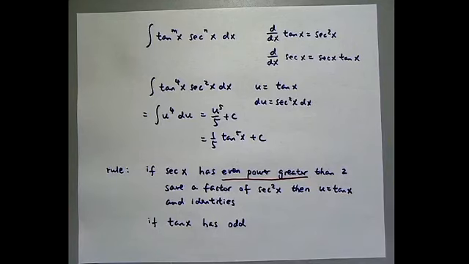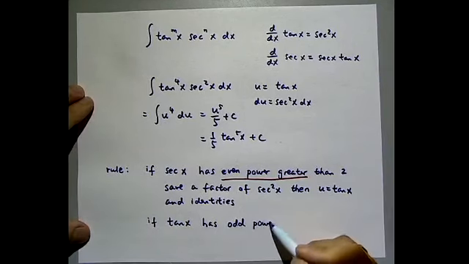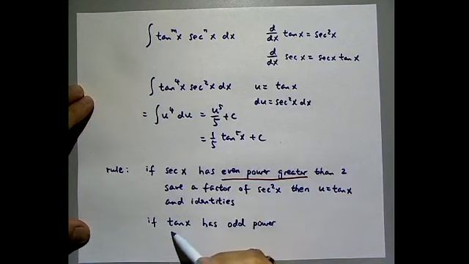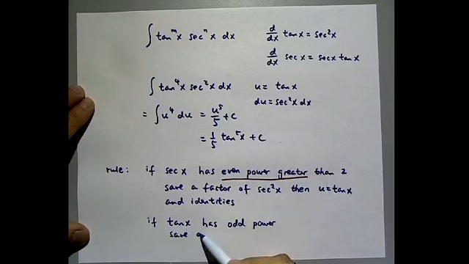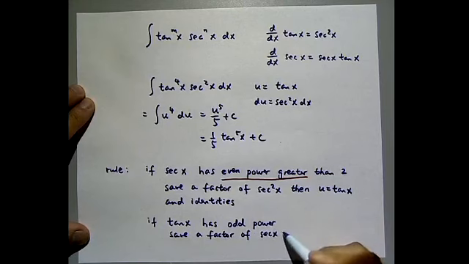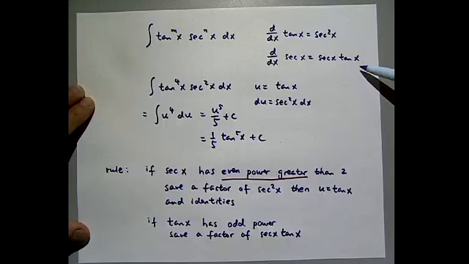All right, so if tangent of x has odd power, then we save one factor of secant x tangent x, because that's going to form part of du. And then we let u equal to secant of x.